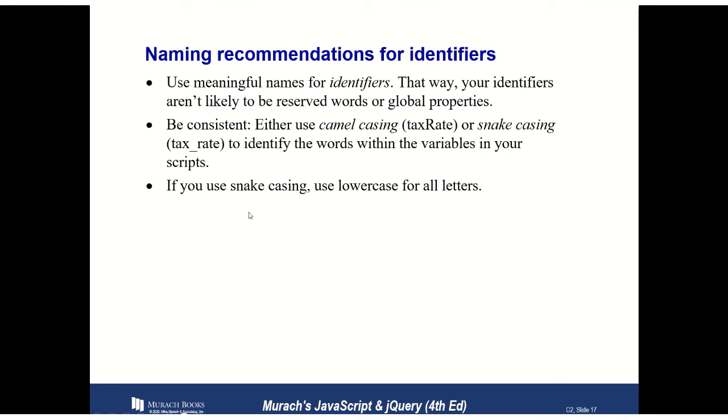Okay, and along with that, we can also make some naming recommendations. We need to make meaningful names for the identifiers, right? For example, suppose we are calculating the price of an item. Suppose I'm writing code for a grocery store, and I'm asked to create a module that will calculate the prices.